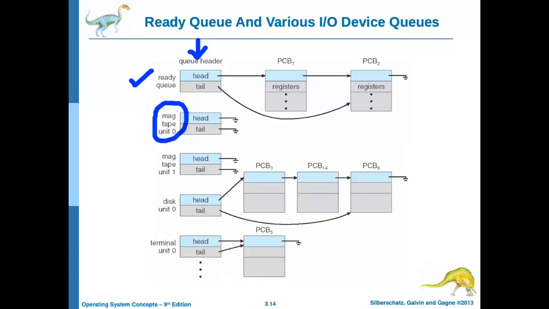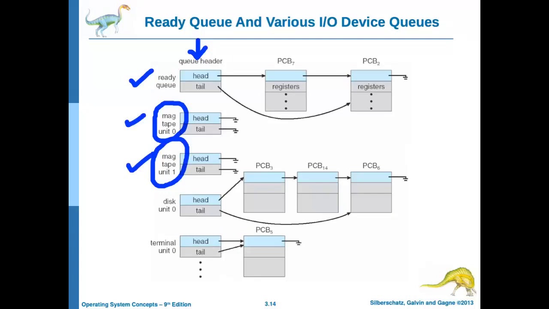That means even though we have multiple units of any specific IO device, we have a separate queue for each. Now disk unit 0, there are 1, 2, 3: process number 3, process number 14, and process number 6 are waiting for this disk IO.